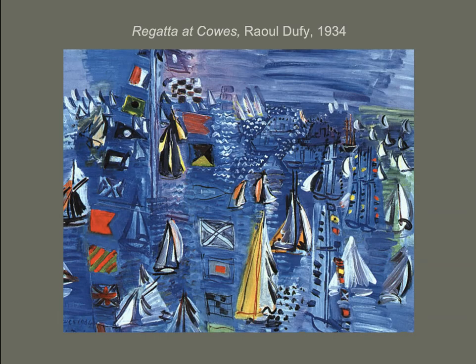Then we have what we call visual texture, and this is a depiction of how light reflects on a surface. And you don't always have to touch it to know the texture, okay? So this is a great example of visual texture where we have this regatta.